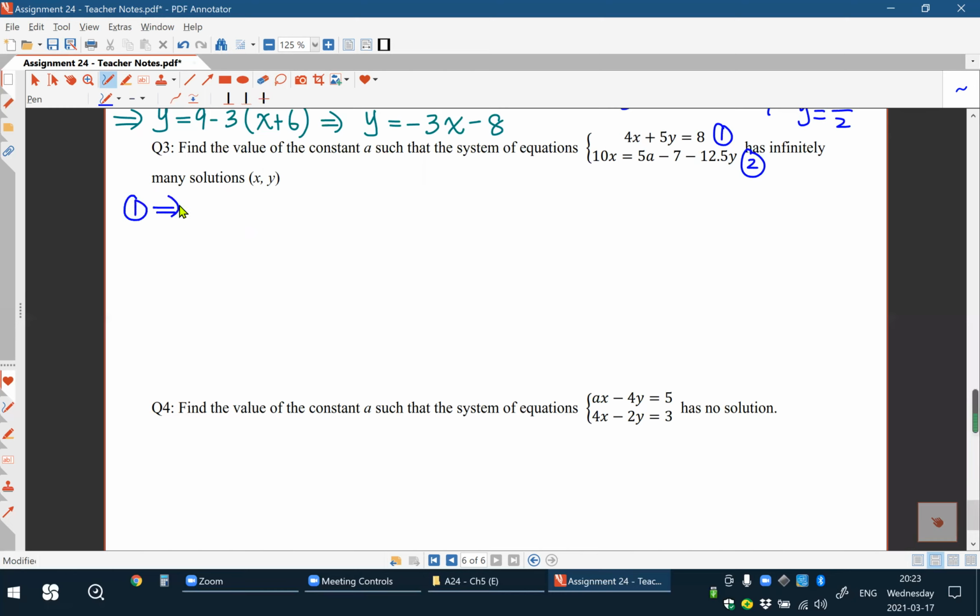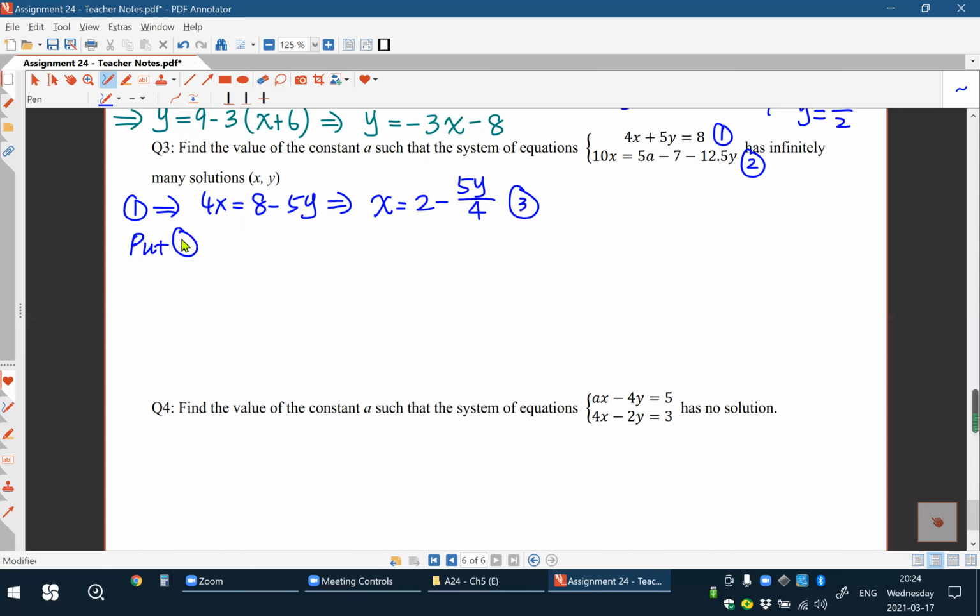From number 1, we can get 4x equals 8 minus 5y, right? That means x is (8 minus 5y) over 4. Let's call this 3.